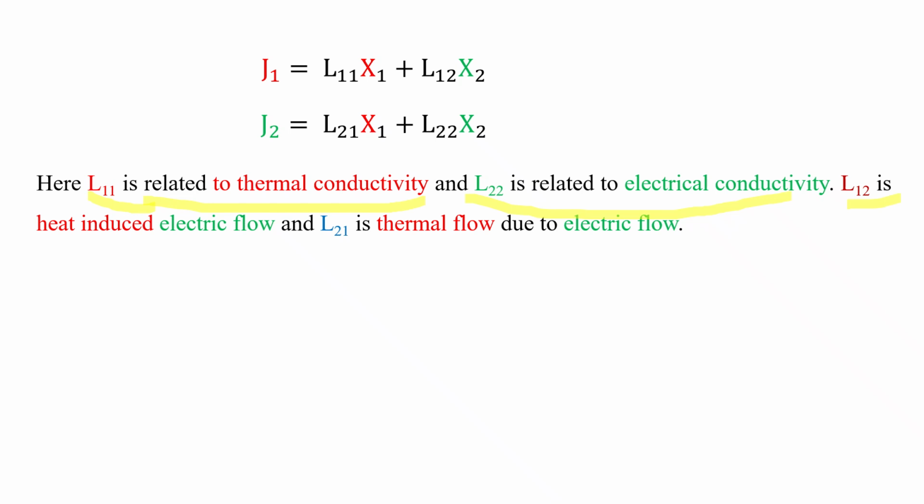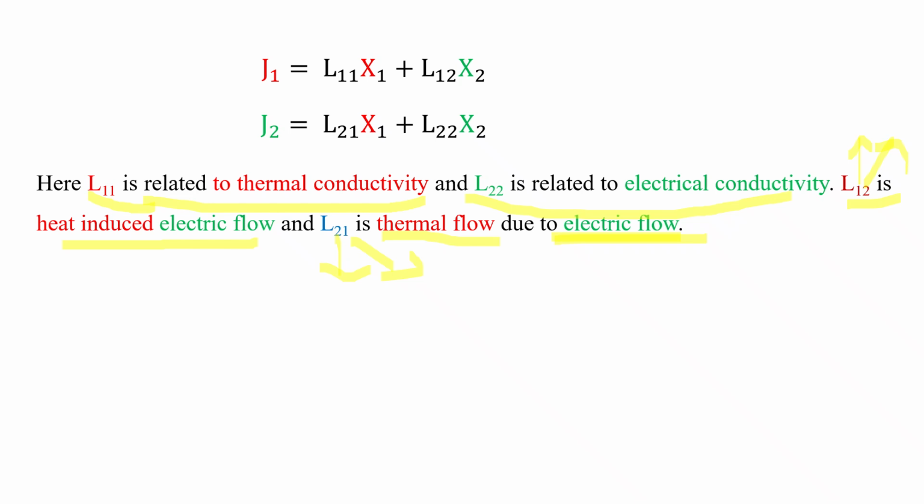L12: one represents the heat and two represents the electrical flow, so it is heat induced electrical flow. And in the same way, L21: two represents the electrical flow and one represents the thermal flow, so it is the thermal flow due to difference in potential.